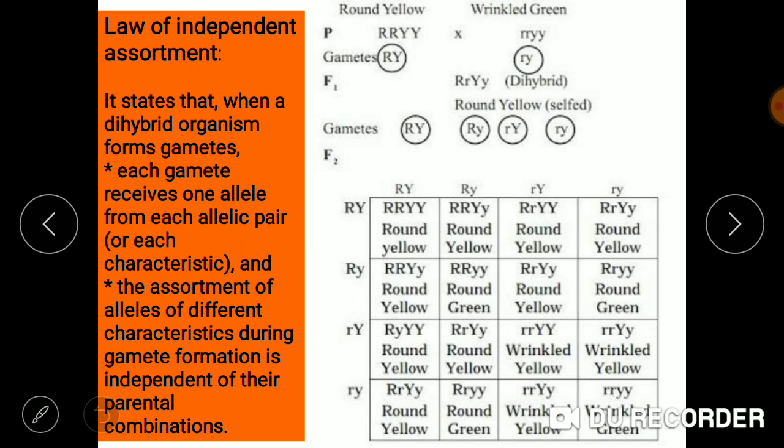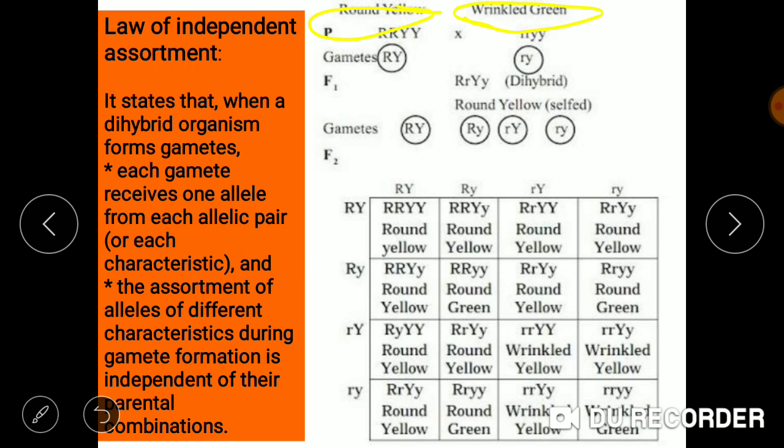So here is the dihybrid cross being performed between two pea plants. One pea plant has the characteristics round and yellow. Another pea plant has the characteristics green and wrinkled.